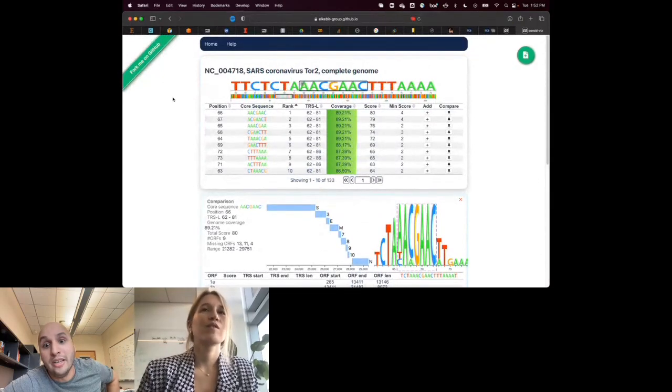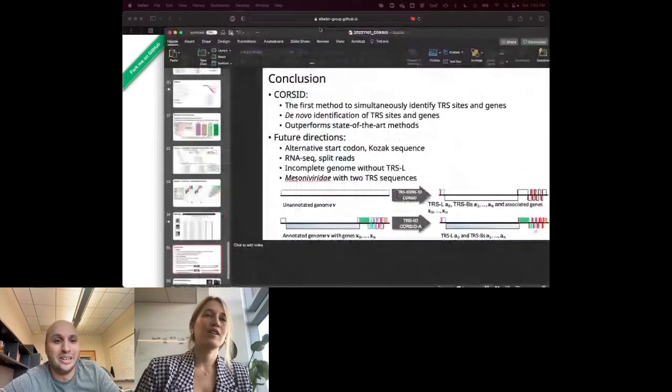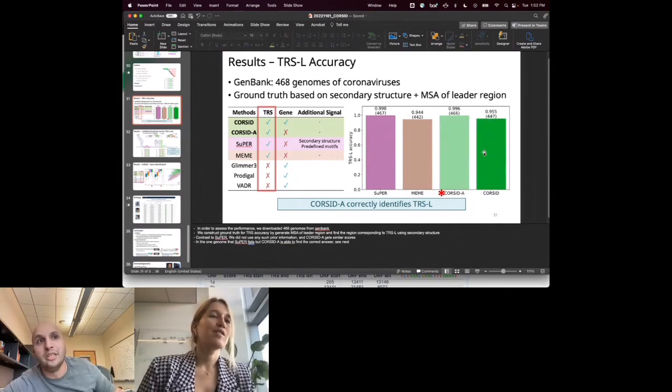And there are indeed instances where we did not find the right solution. I think that happened about 5% of the time. If you use this tool, you can typically opt for something that has slightly lower genome coverage but a better TRS alignment. So there is indeed a trade-off. It's a multi-objective optimization problem, and we use the TRS alignment as a tiebreaker.